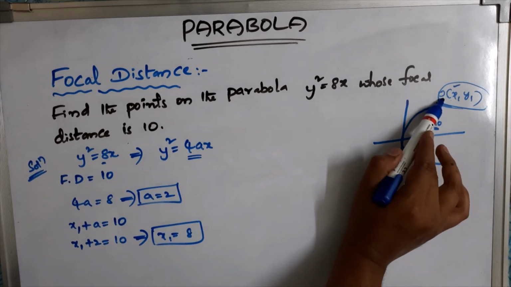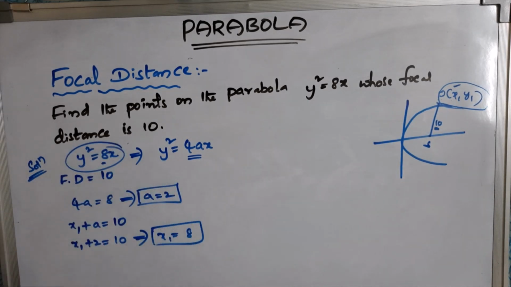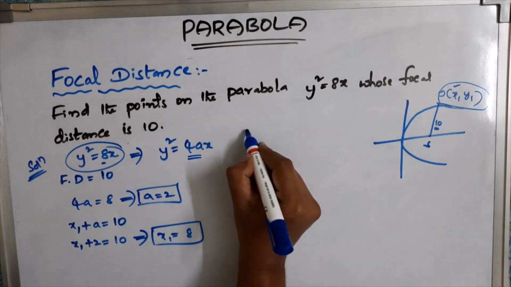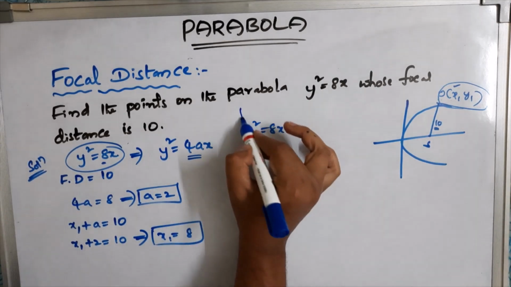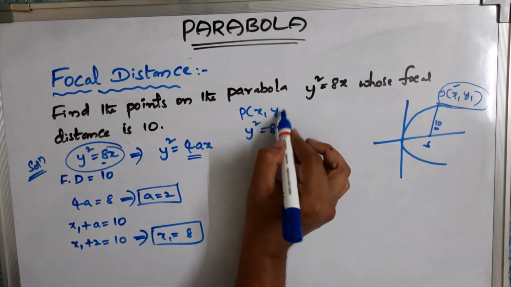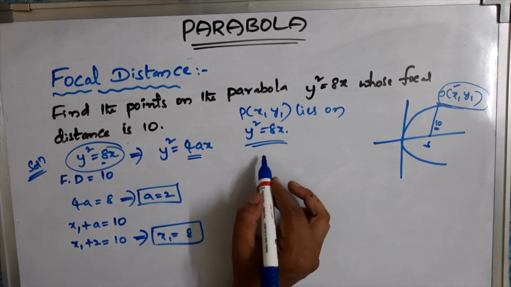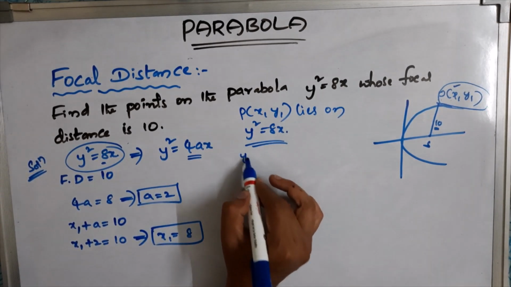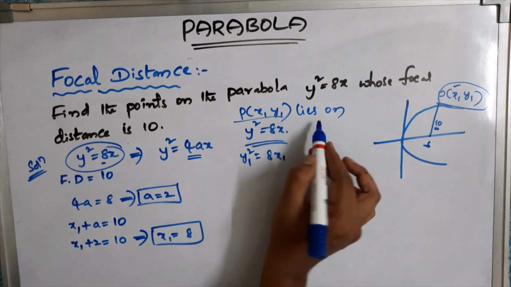So the value of x1 is 8, but we have to find the value of y1. The point P(x1, y1) lies on the parabola y squared equals 8x, so we can write y1 squared equals 8x1, because the point lies on the parabola.